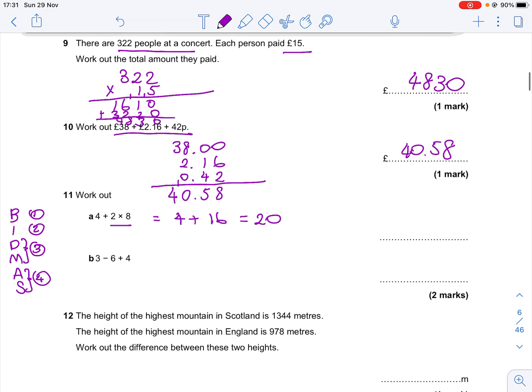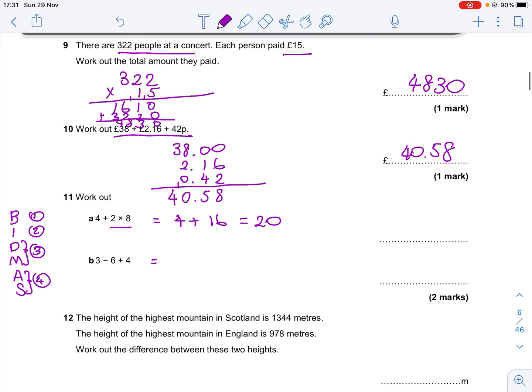We see a subtraction first, so we do 3 minus 6, which is -3, plus 4, which is 1.